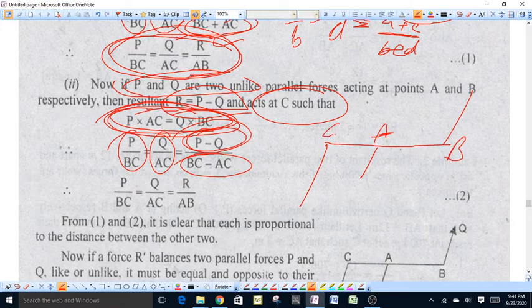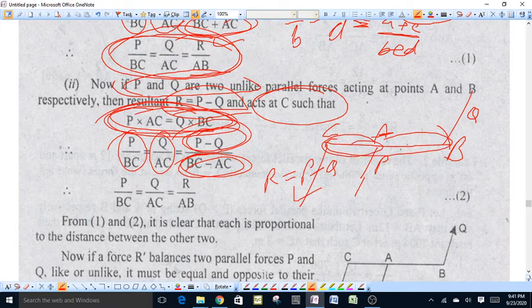This is point C, this is force Q, and this is force P, and their resultant R will be equal to P minus Q. BC minus AC will be equal to AB.